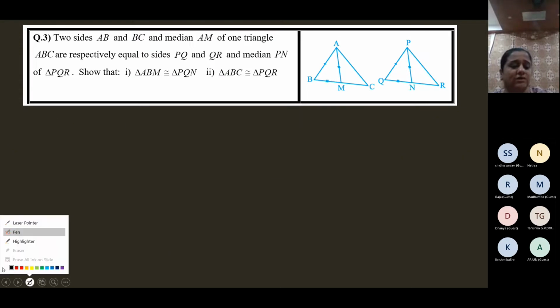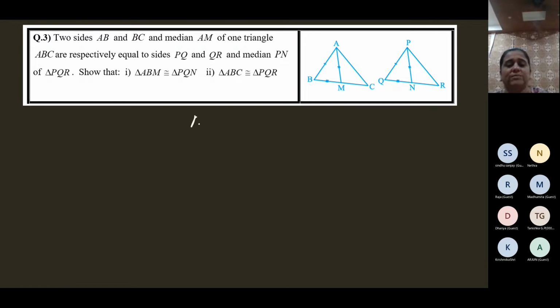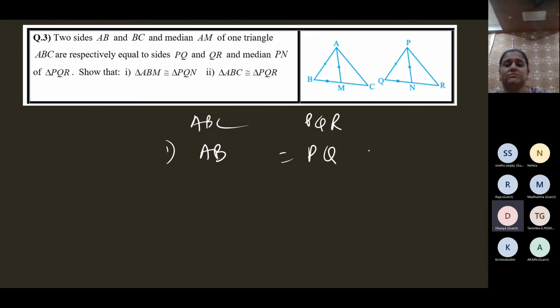Now tell me, in triangle ABC and triangle PQR. Ma'am, in both the triangles, AB is equal to PQ, ma'am. Reason: it's given.